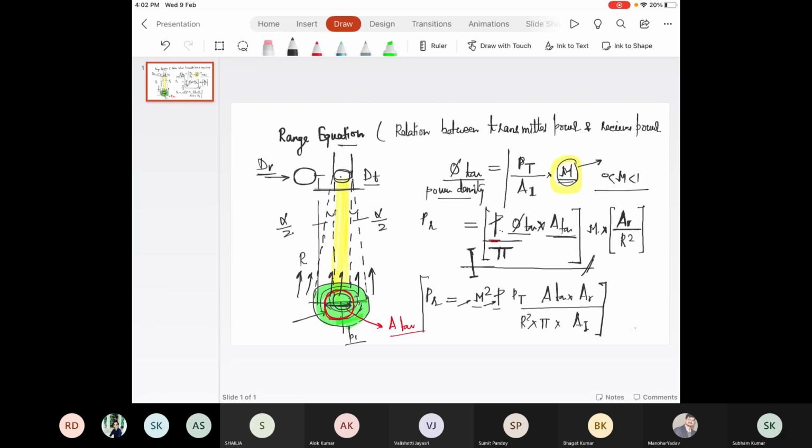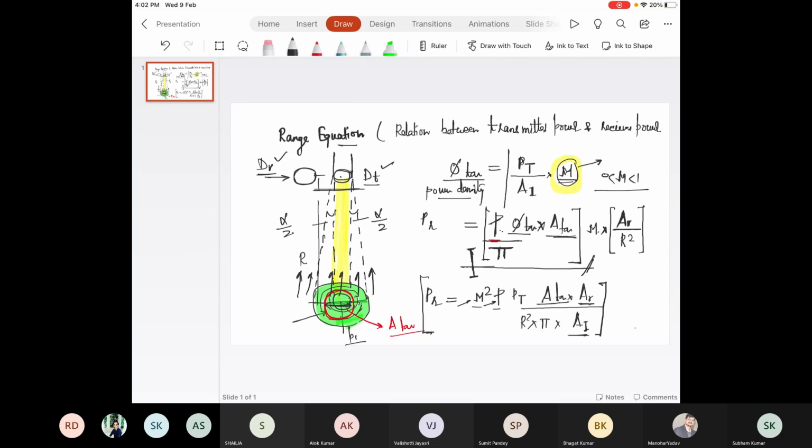I ask you to simplify this. A target can be written as pi by 4 D target square. The receiver area can be written as pi by 4 dr square. AI can be written as pi by 4 dt plus r gamma whole square. Simplify it and let me know.